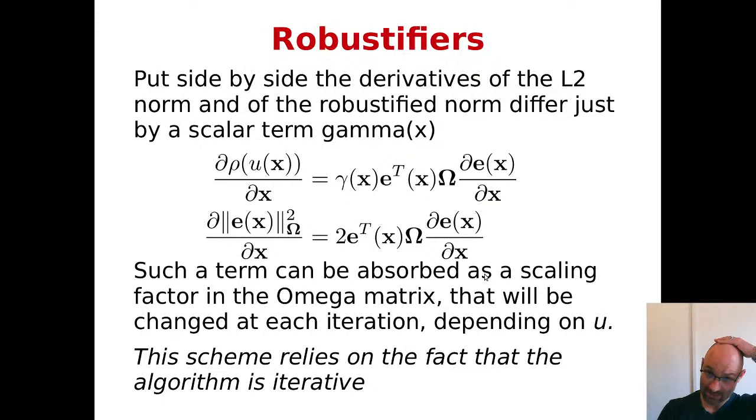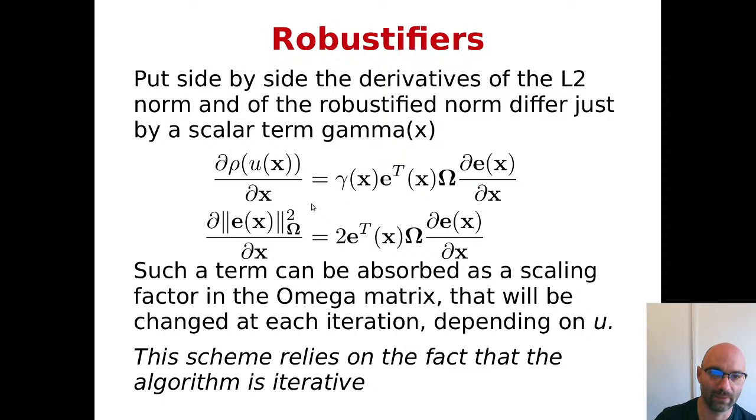Now, at this point, we have a fantastic function that we call gamma of x that is massaging our L2 norm in order to make it equal to the derivative of our robustified cost function. Now we can put side by side, one on top of the other, the derivative of the robustified function and the derivative of the L2 norm.